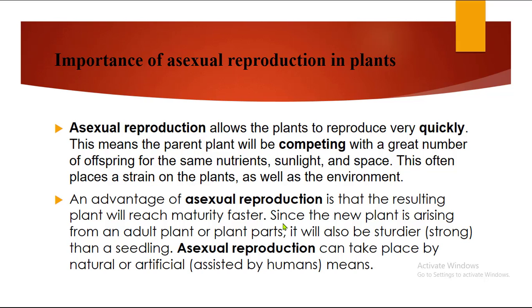But asexual reproduction produces a new plant that arises from the adult plant, and it is strong as compared to a seedling. A seedling is very fragile, but a product of asexual reproduction is strong and can cope with environmental stress.